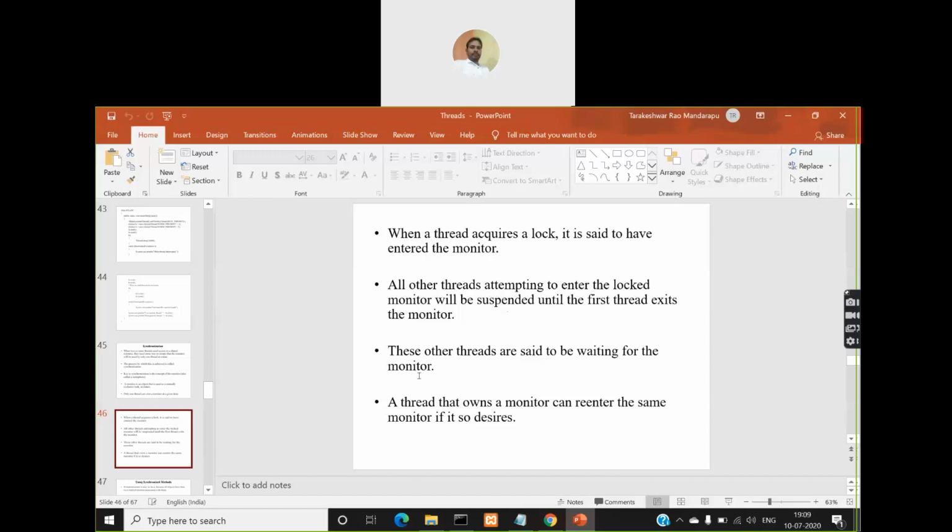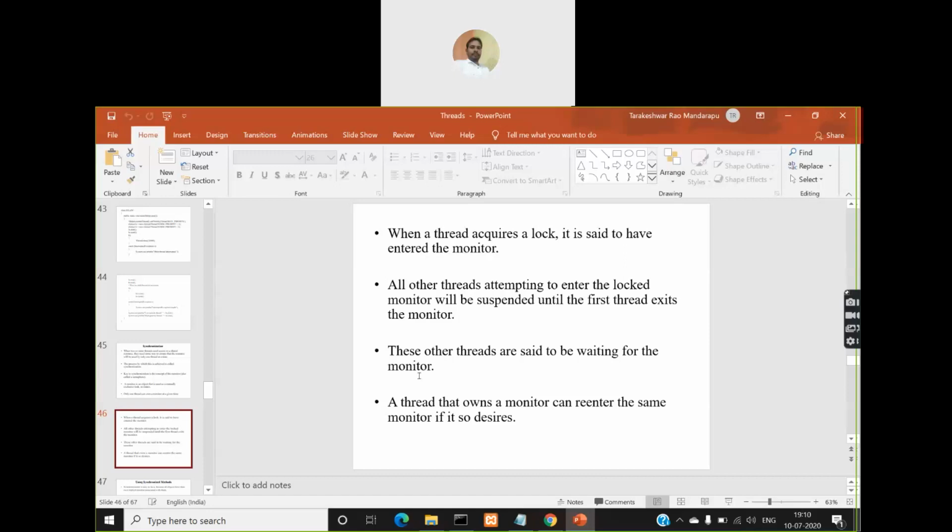So if you acquire a lock or monitor for using a shared resource, then you are set. You will be called as having entered the monitor for that particular shared resource, and all the other threads which are also requesting the same resource monitor will be suspended, and they'll be said to be waiting for that monitor, right?